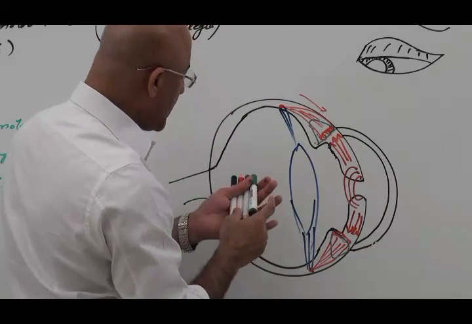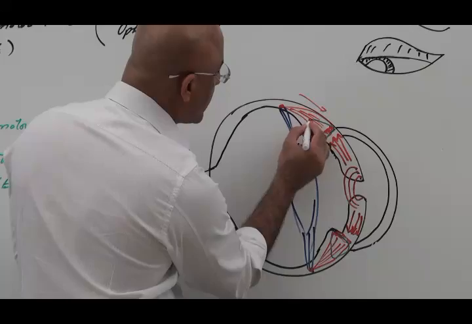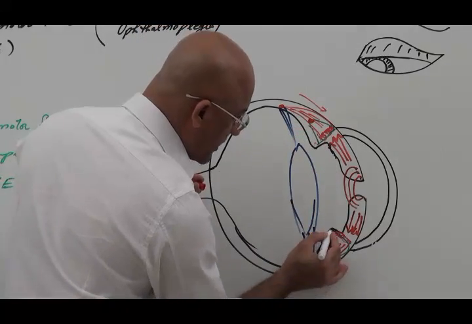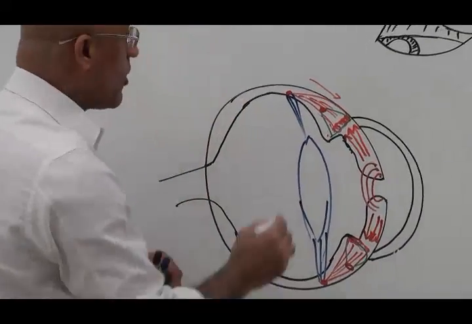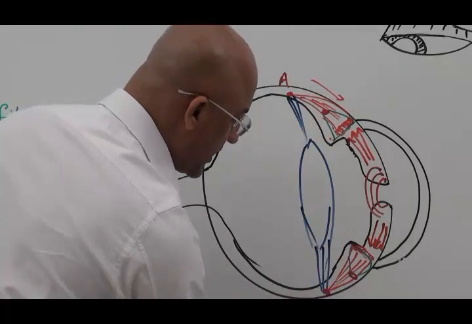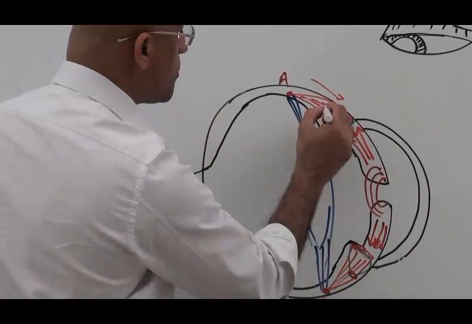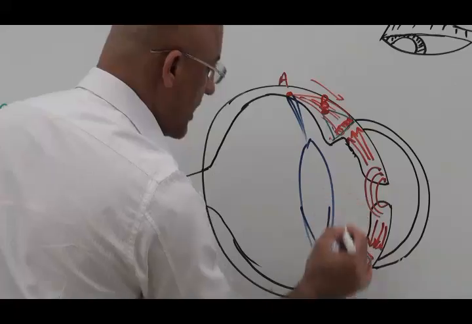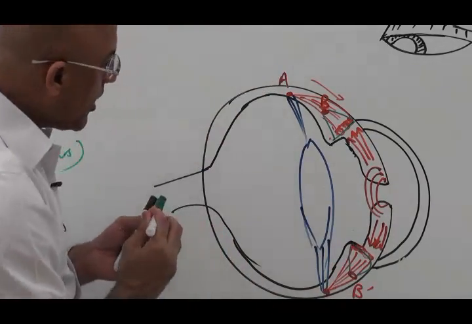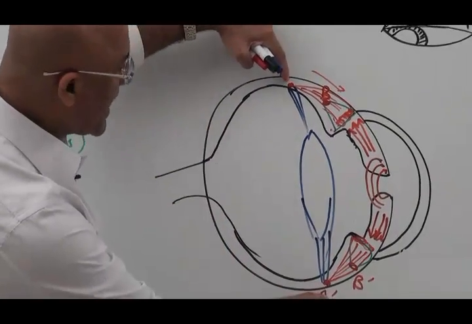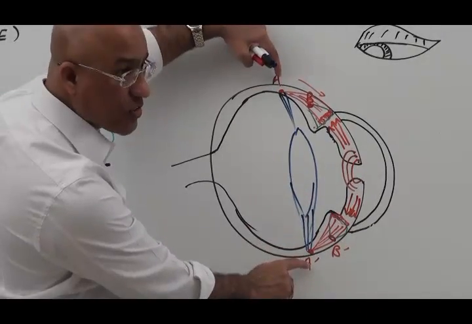Right, and this point has reached here, and this point has reached here. Now let's suppose this is A dash, and after the contraction, new position, this is B and B dash. Now the difference between A and A dash, when muscle is relaxed, this distance is more.